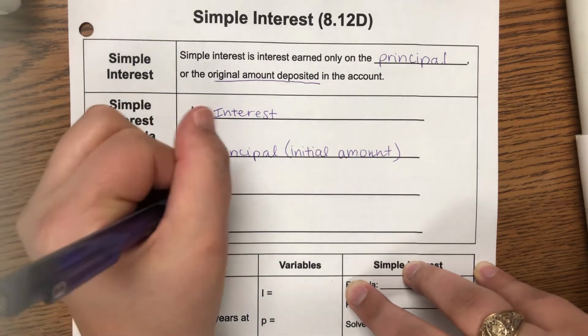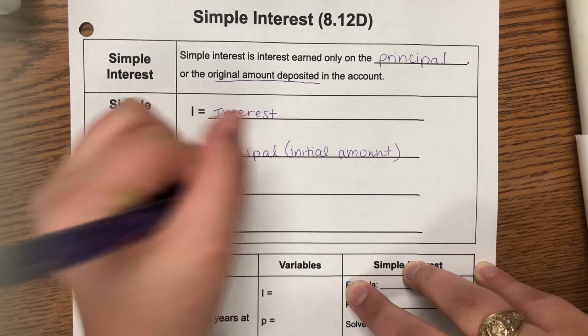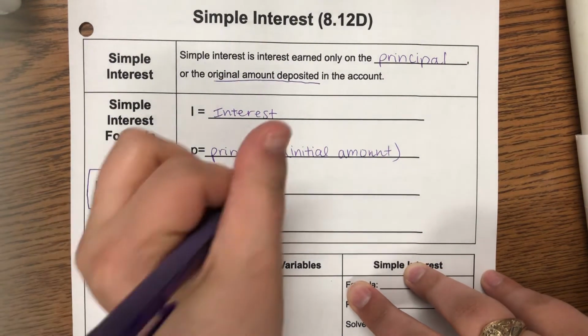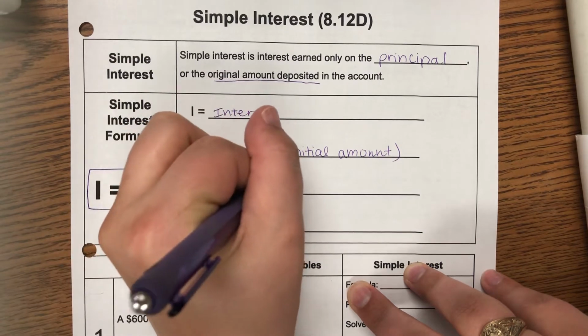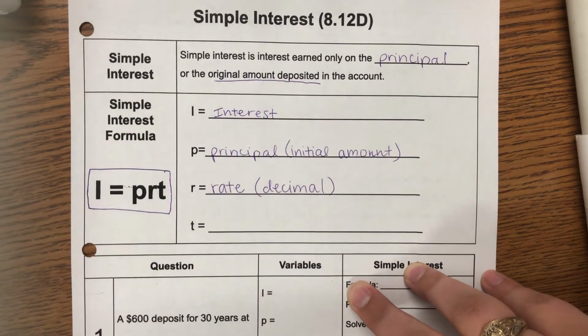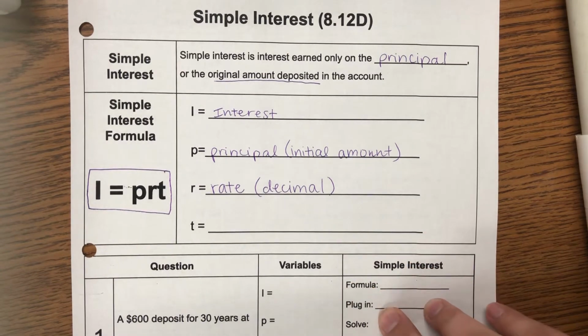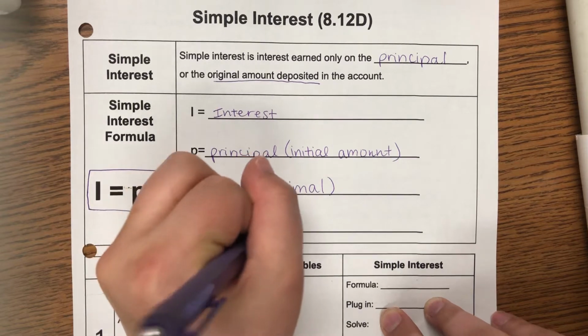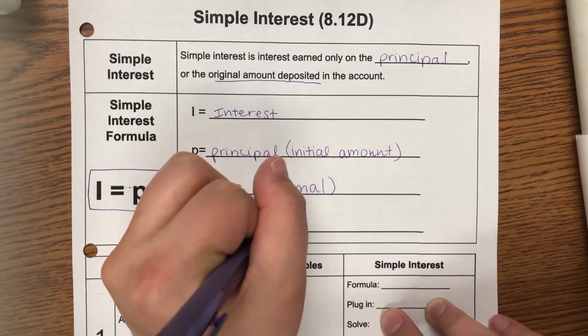Then we have the R. The R is the rate. Now, they will give you the rate as a percentage, but you need to convert it to a decimal. And then we have time, which needs to be expressed in years.